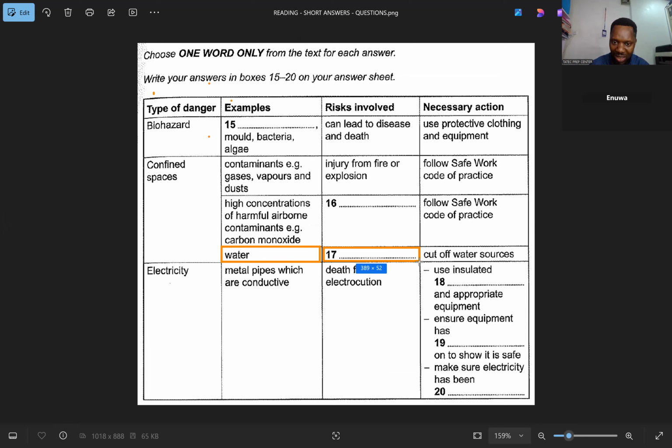This is where your concentration should be. But remember, you are to look for your answer still under the paragraph of confined spaces, right? So you don't want to read through other paragraphs because your answers will not be found there. So let's quickly go to that area.